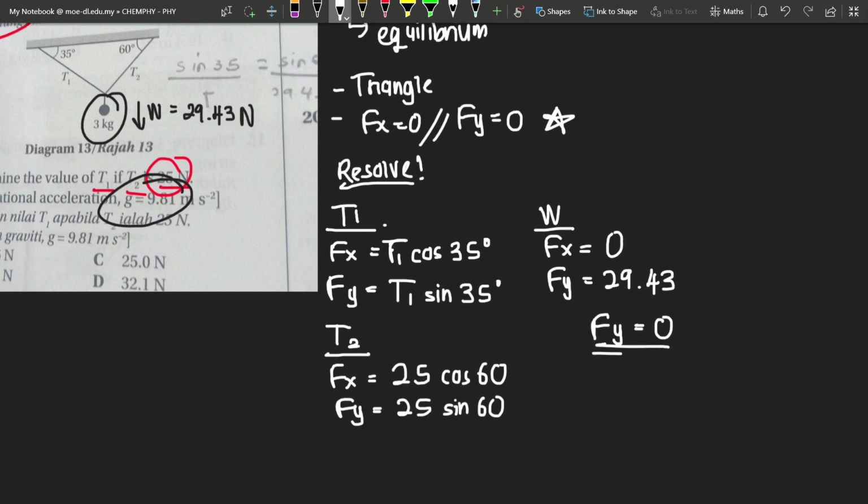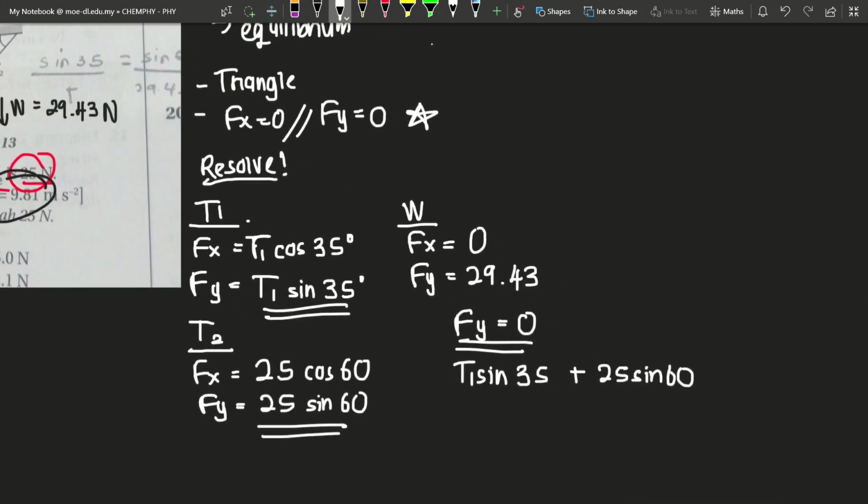Fy equal to 0 means all the Fy that you've resolved, you plus together and equal to 0. Fy for T1 is T1 sine 35. This is Fy for T2, plus 25 sine 60. Fy for W is 29.43 Newton.